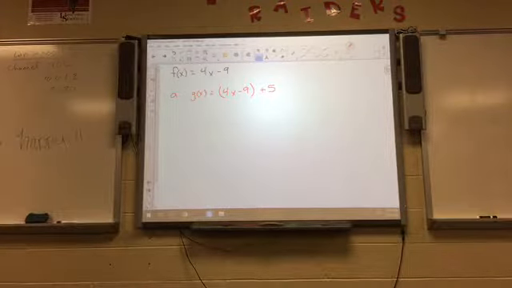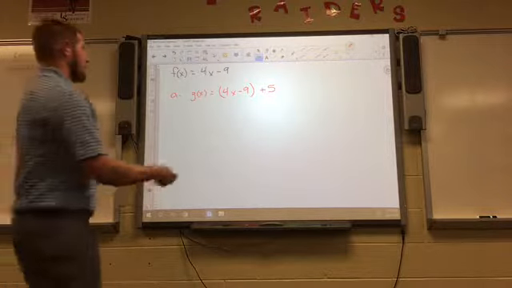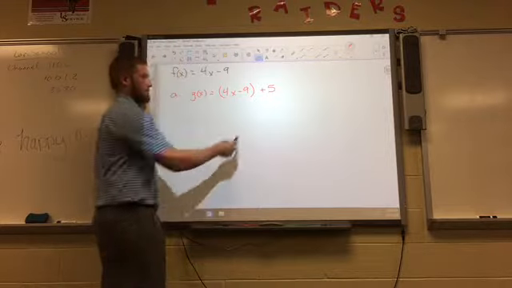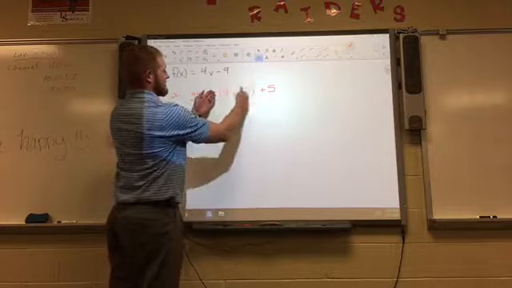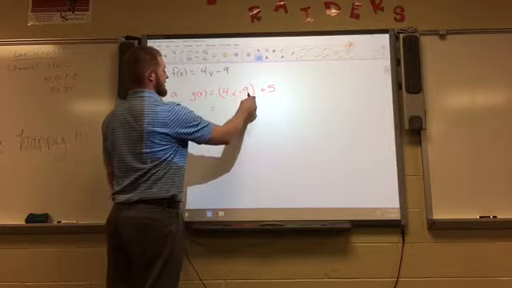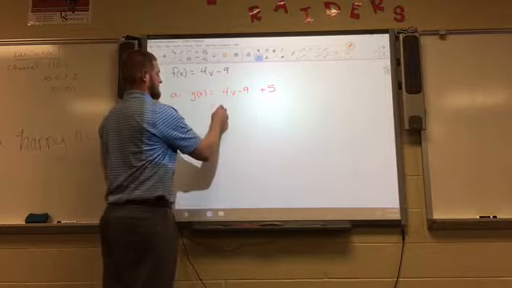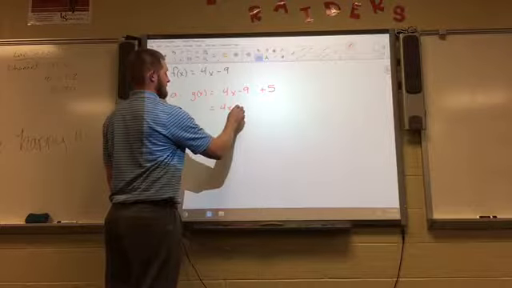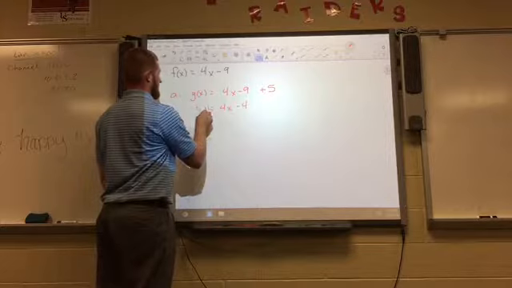Okay, see how that compares a lot to what I have on that chart? This is my f of x, my old function, and I'm adding 5 to it. That's my plus k at the end. So when I do this, I can't simplify in the parentheses anymore, so I drop them, and I have 4x minus 9 plus 5, which actually gives me 4x, say it louder, minus 4. So that's my new function.